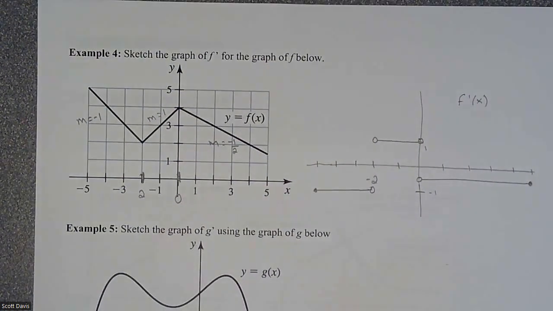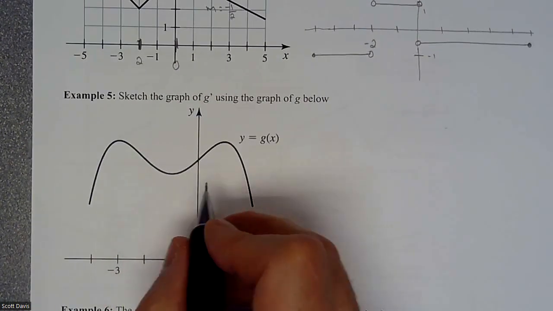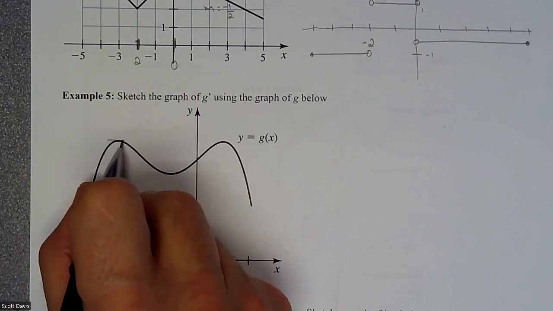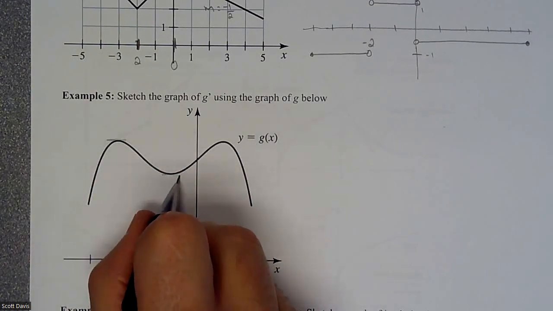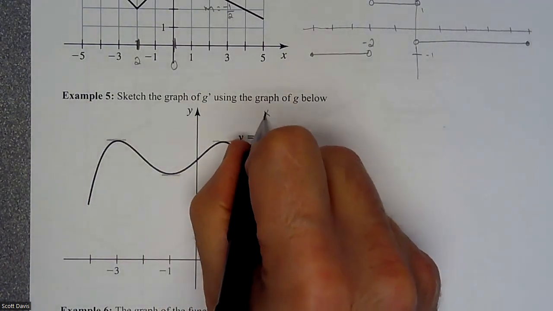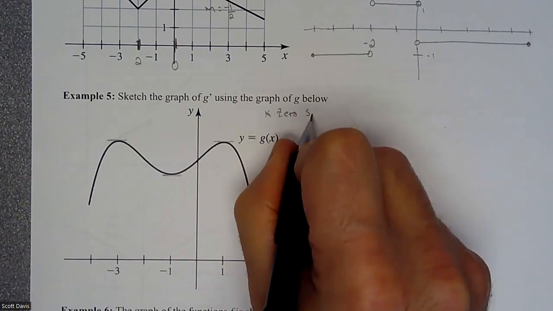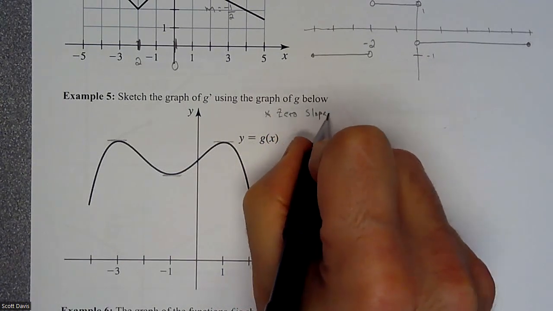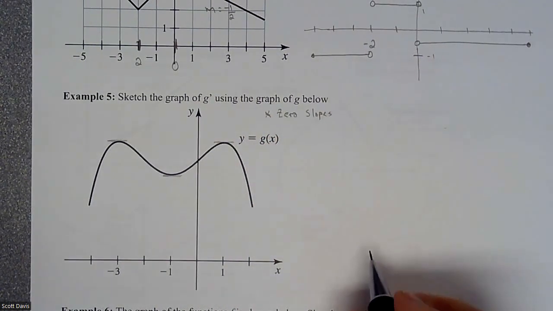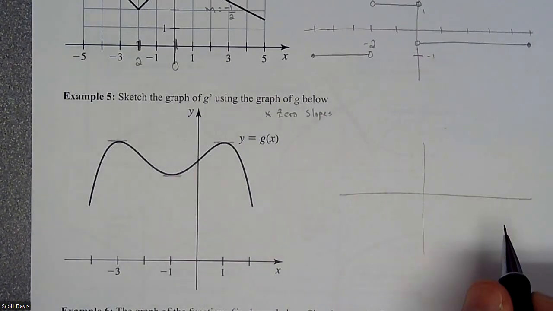Here's where I think it gets a little bit trickier. We want to pick a couple pieces out of this one. Things that are nice are slopes of 0. 0 slopes are helpful, because when we graph this other one, we're talking about slopes.